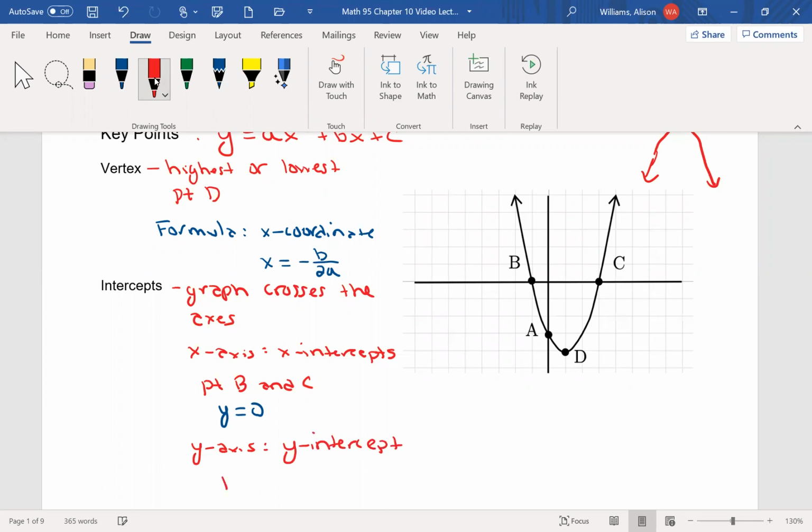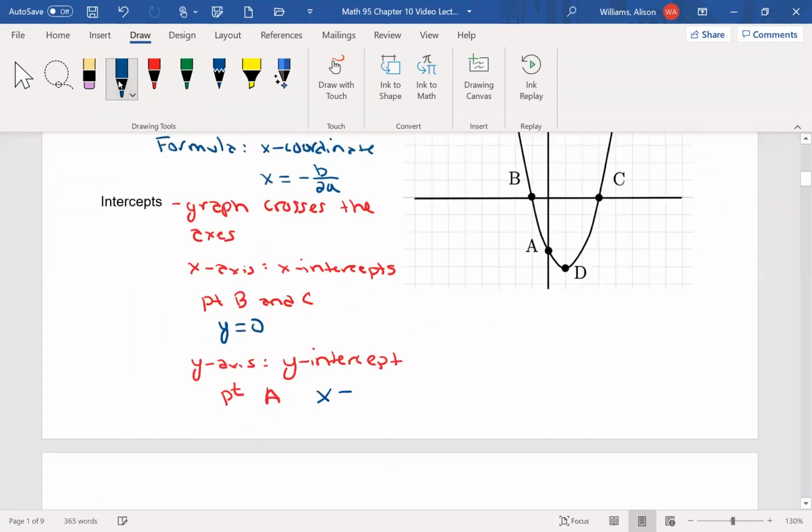That would be point A. And points on the y-axis are where x equals 0.